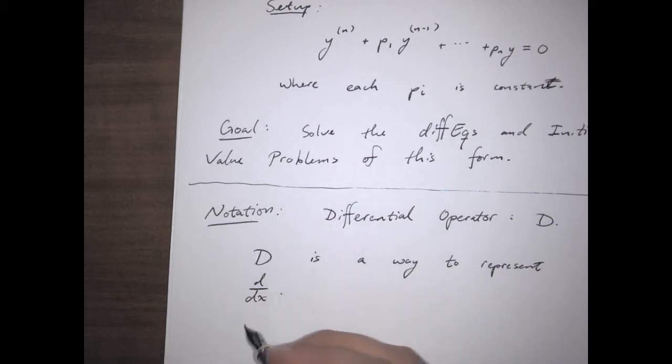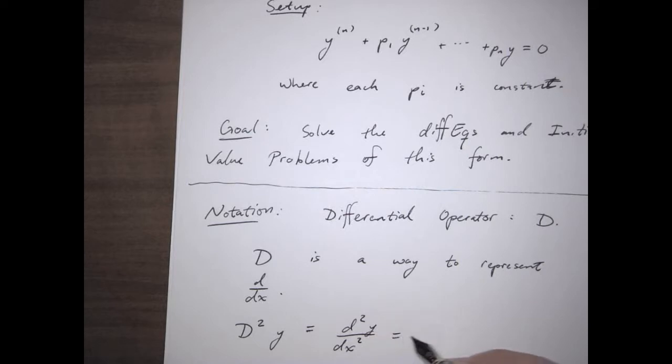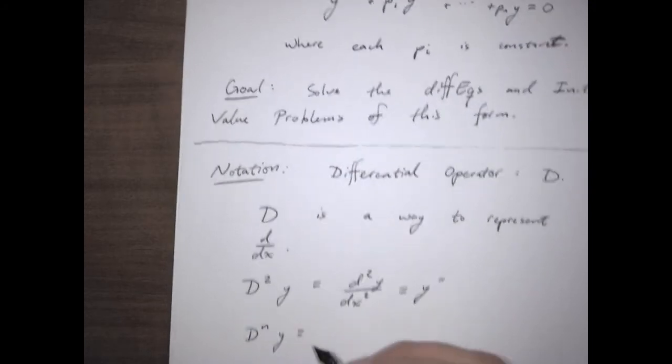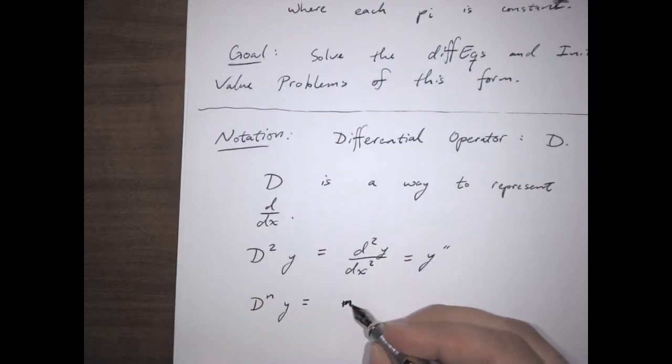So then D squared y would represent the second derivative with respect to x of y. And just in general, D^n of y would just represent y^(n).